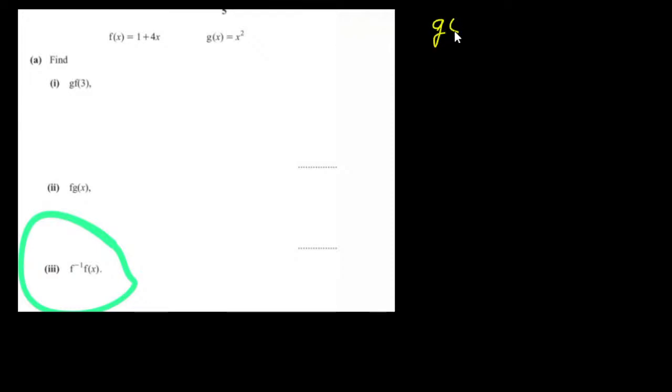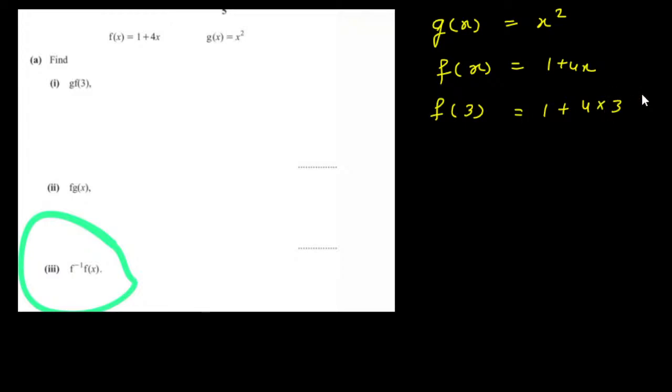g(x) is x square, and f(x) is 1 plus 4x. So if I say f of 3, then it is 1 plus 4 times 3, which is 12 plus 1, 13.